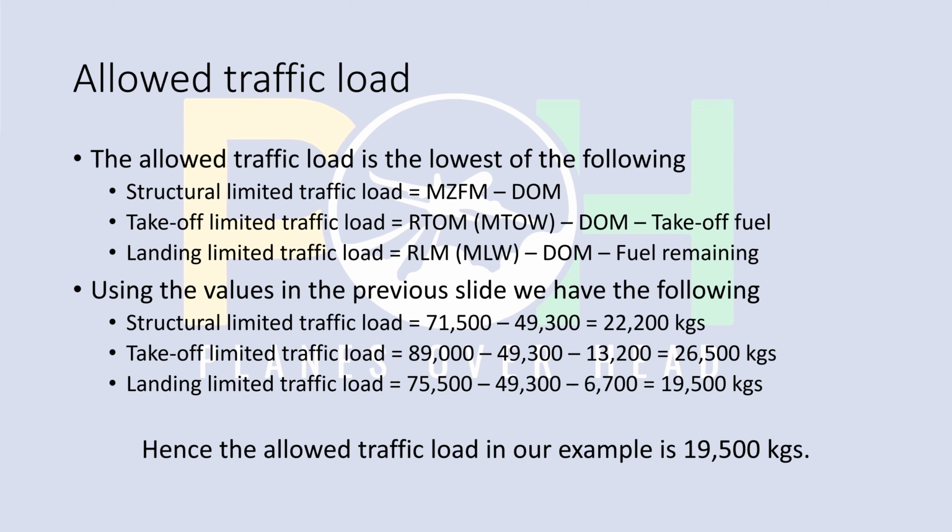Landing limited traffic load is max landing weight minus dry operating mass minus fuel remaining. The least of these three is your maximum payload that you can carry today. When you substitute these values, you get these answers: 22.2, 26.5, 19.5. As you can see, the maximum load that you can carry today is 19,500 kilos. That is the maximum payload that is allowed on the aircraft.